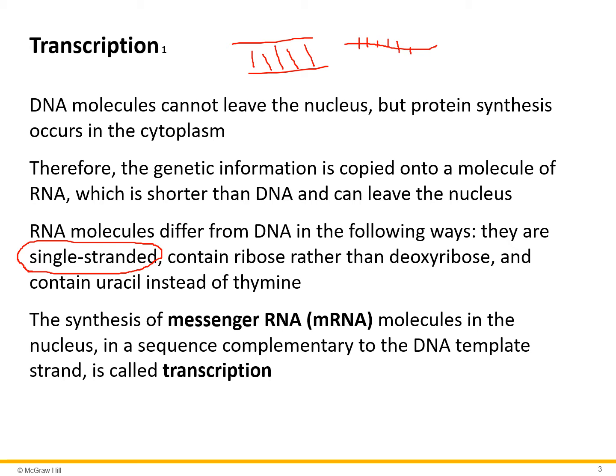It also has ribose instead of deoxyribose, so that's why it's called RNA, ribonucleic acid, instead of DNA, deoxyribonucleic acid. And the other thing, the big one for us, is that instead of thymine, it uses uracil. So on the RNA, there is no thymine. Uracil is what is on there.